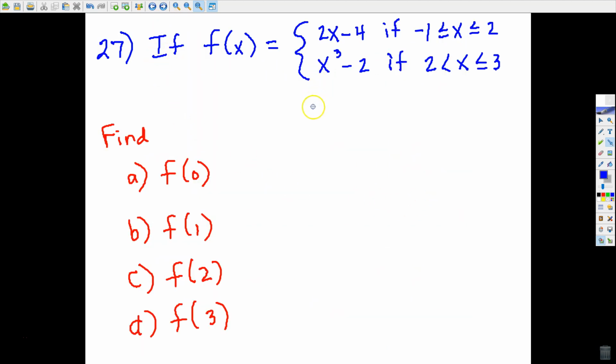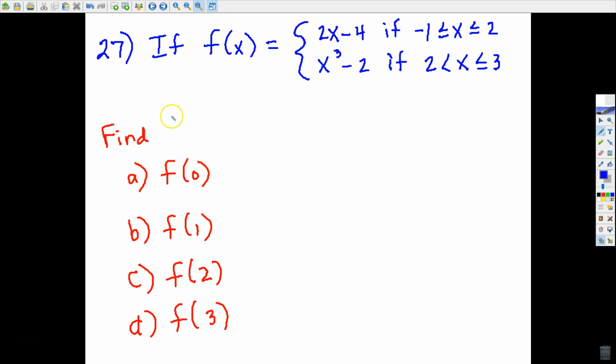Okay, now let's look at number 27, and this is going to be an introduction to this idea that we mentioned early of piecewise defined functions. Well, what that means is it's a single function. As you can tell here in number 27, I have f of x, a single function, but it's represented in two different pieces. Okay, and we're going to be able to graph these pieces in subsequent problems, but let me just walk you through what number 27 is asking for.